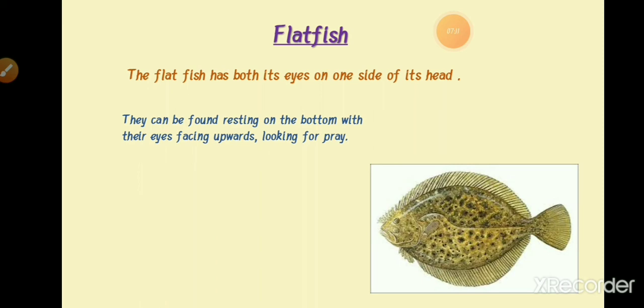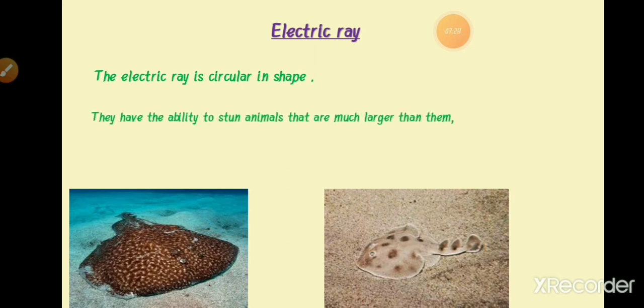Prey means food. Okay, now here this is electric ray fish. The electric ray is circular in shape. They have the ability to stun animals that are much larger than them.